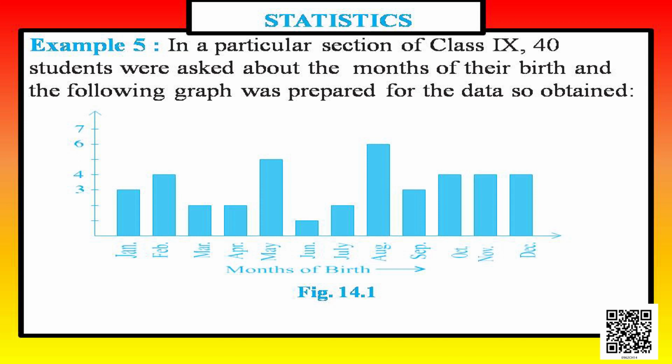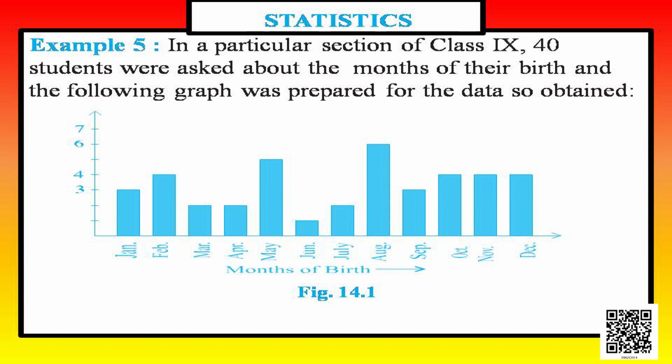So, we have made the bar up to the line 4. In the month March we have 2 students, in April we have 2 students. So, we have made 2 bars along the line 2. Then in May we have 5 students, in June 1 student, and July 2 students, and similarly all the months were covered.